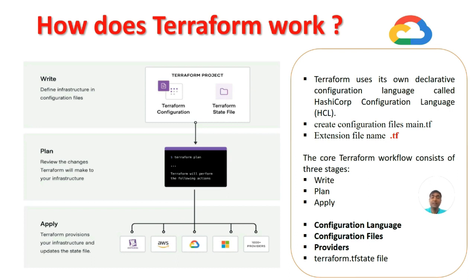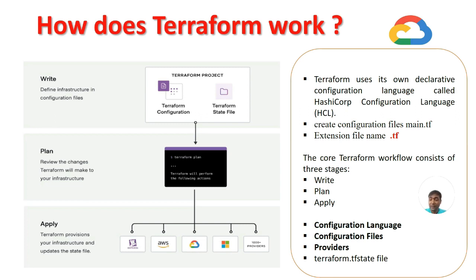Secondly, the plan stage. Once you have defined your configuration file, you can run the terraform plan command. Terraform analyzes the configuration, compares it to the current state of the infrastructure and generates an execution plan. The plan outlines the actions Terraform will take to reach the desired state, including the creation, modification or deletion of resources.